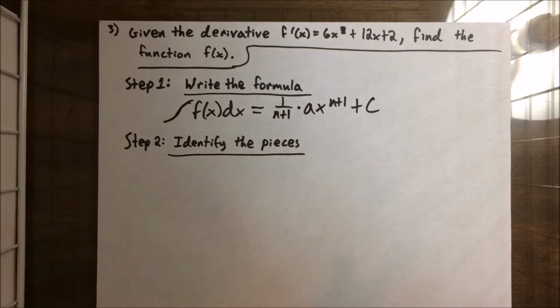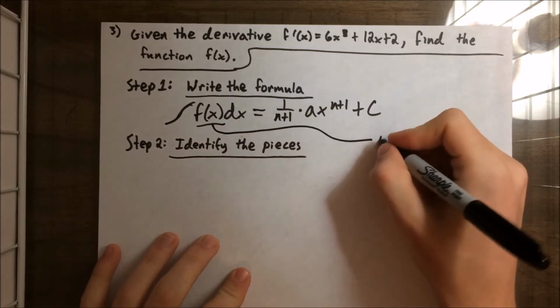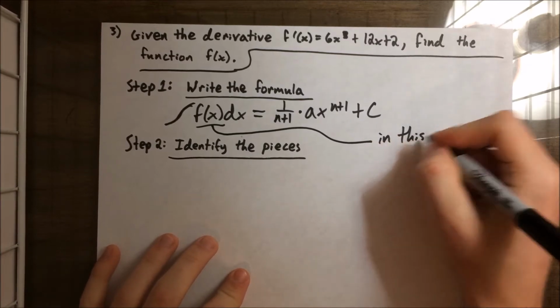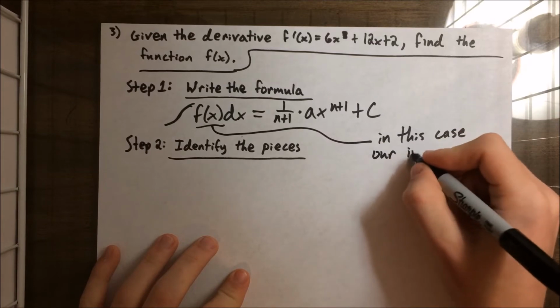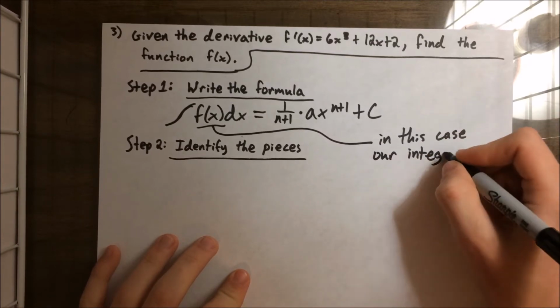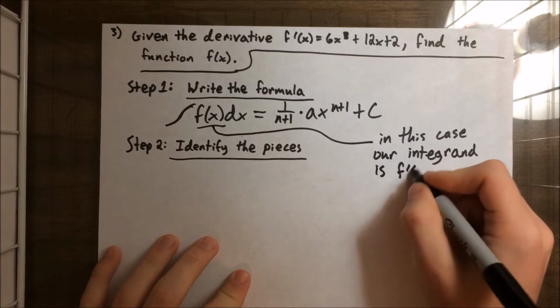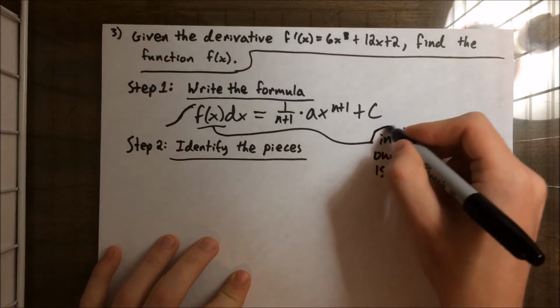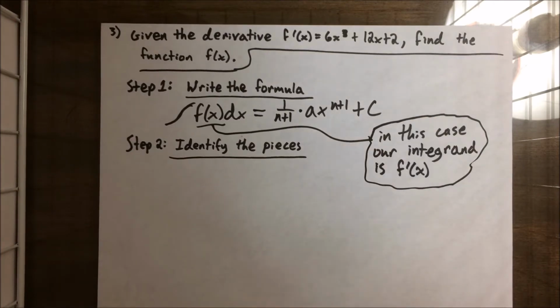Okay, so in this case, our integrand is f prime of x. So you might want to make note of that if you're taking notes, because that might be kind of confusing.